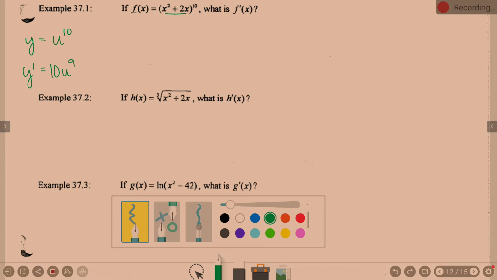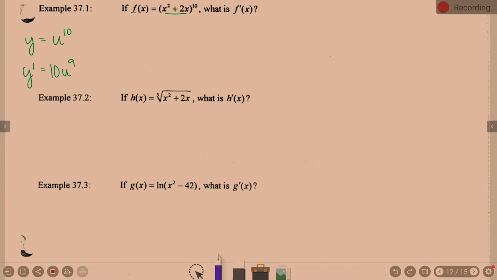Okay, so now let's go into our actual problem. We have f of x, and we're being asked to find f prime of x. Right now, this is something at x squared plus 2x, so that's something raised to the 10th. How do we do the derivative of something raised to the 10th? We multiply by 10, this something stays the same, so we keep x squared plus 2x and raise it to the power of 9.